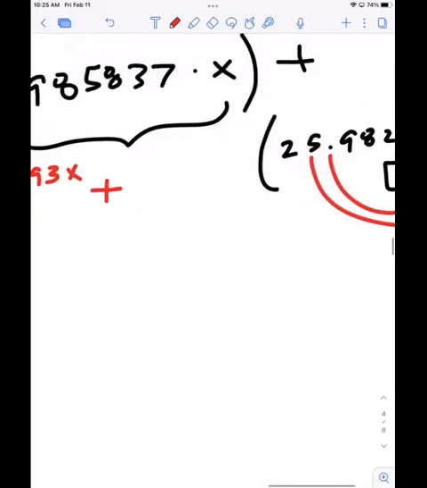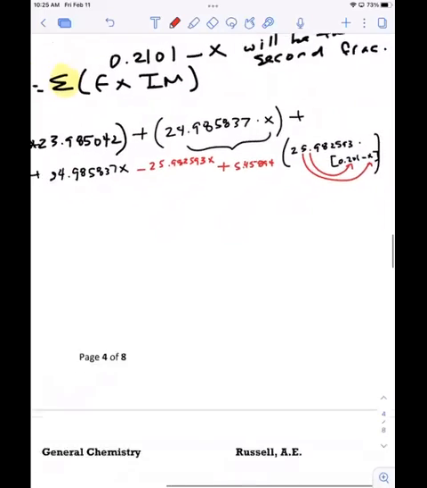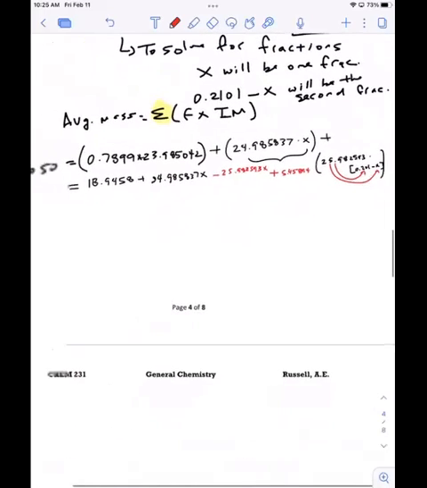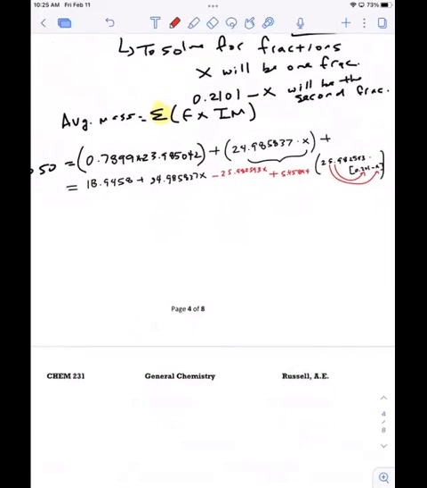All right, we'll take that. So now we got our terms. We're ready to combine like terms, right? So we can combine these two because those are X terms. And we can combine these two because those are just numerical terms. All right. So let's add those together.